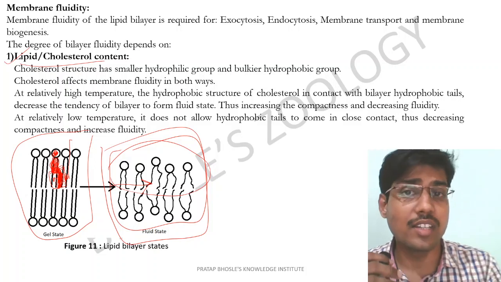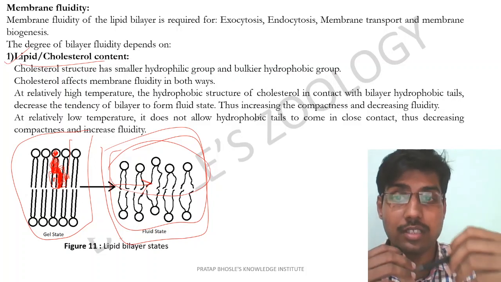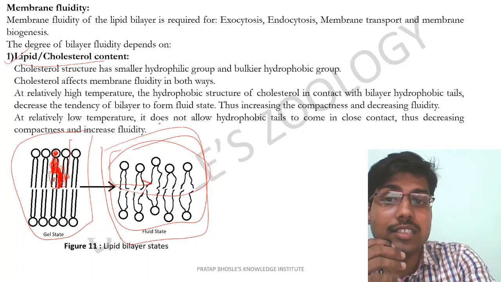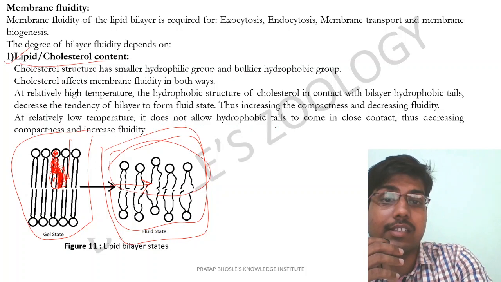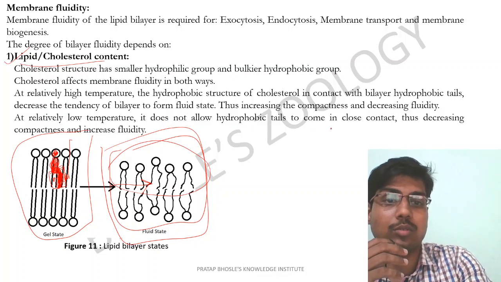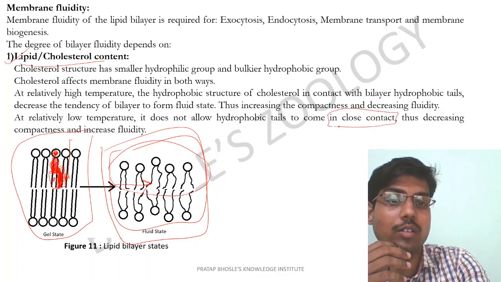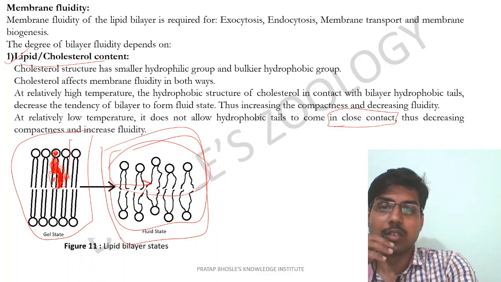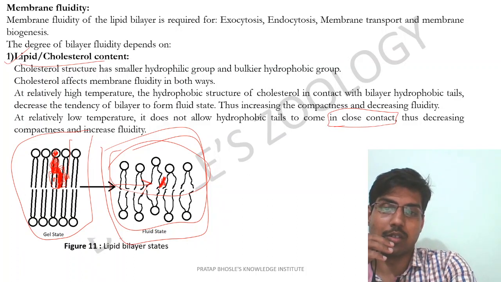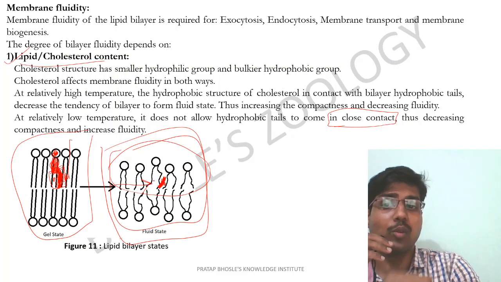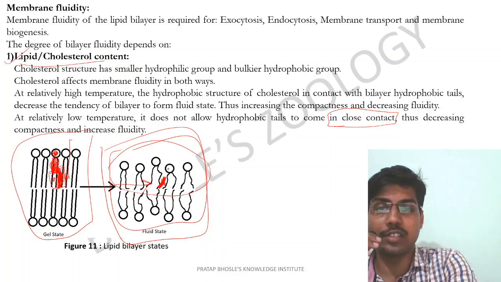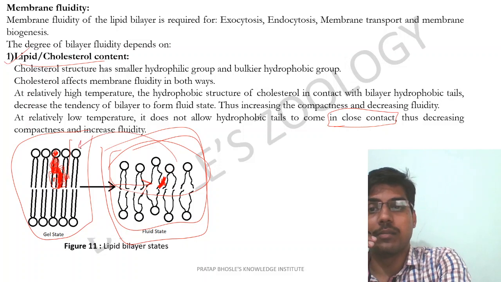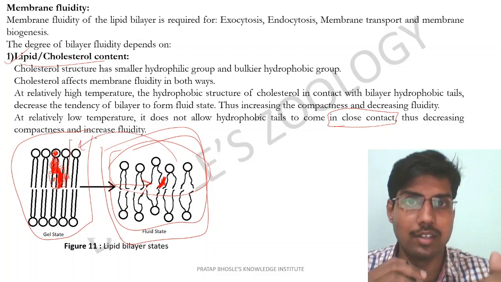But at a relatively low temperature, this hydrophobic tail does not allow them to come in close contact. How? Suppose this hydrophobic tail of cholesterol is here. Now at a relatively low temperature, usually all these lipids shift into a tight compact shape.